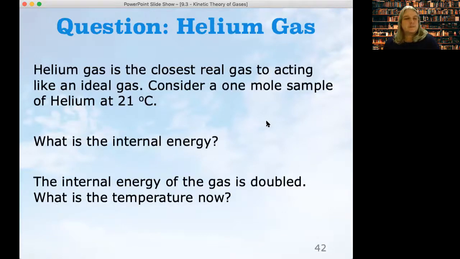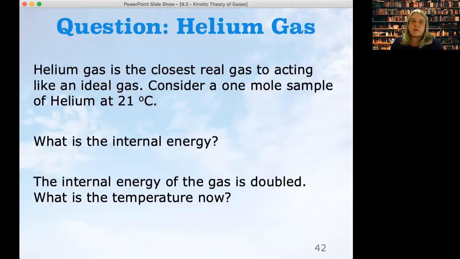And the last question: helium gas is the closest real gas to acting like an ideal gas. So it's just a statement, there's no question there, but one of the mastery test or workshop questions, I think it was mastery test questions, was about why helium gas is a good example of an ideal gas, something like an ideal gas. So again, we've got 1 mole.